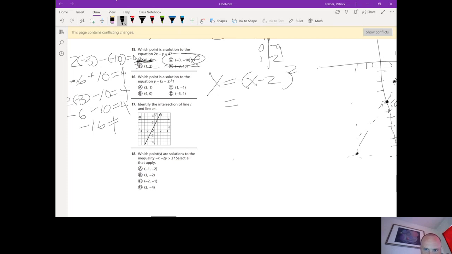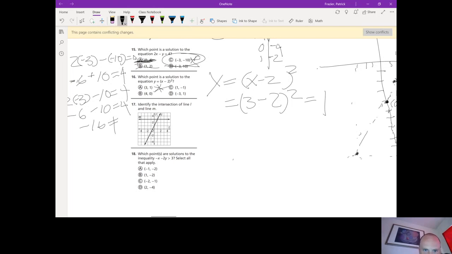If I have 3 minus 1 squared, well, what's 3 minus 1? 3 minus 1 is 2, and 2 squared is 4. Oh, one moment, sorry about that. It's 3 minus 2. So 3 minus 2 is 1, and 1 squared is 1. So that looks like that might work.